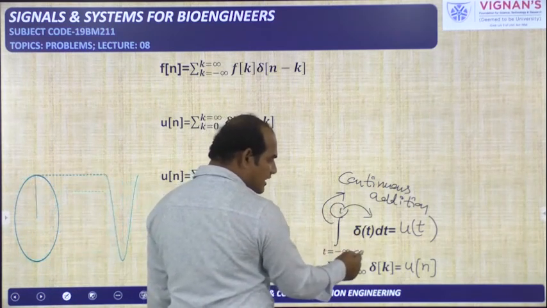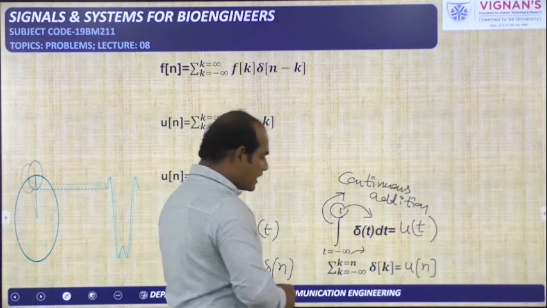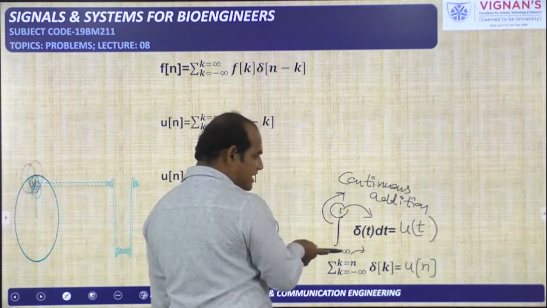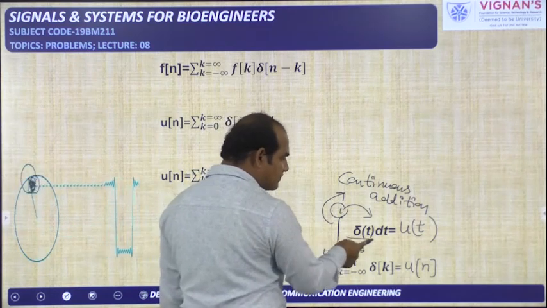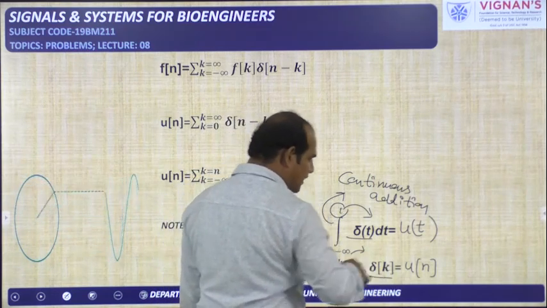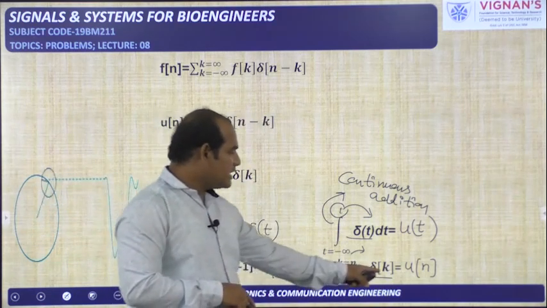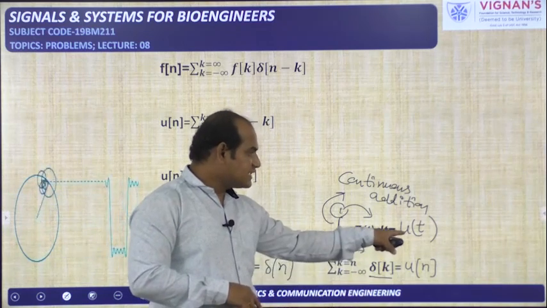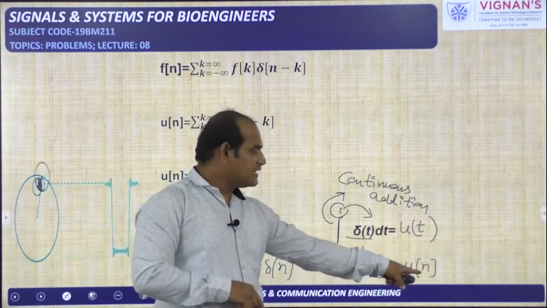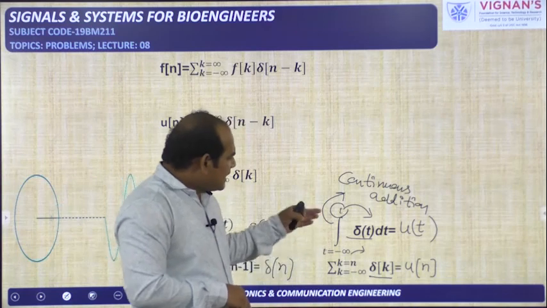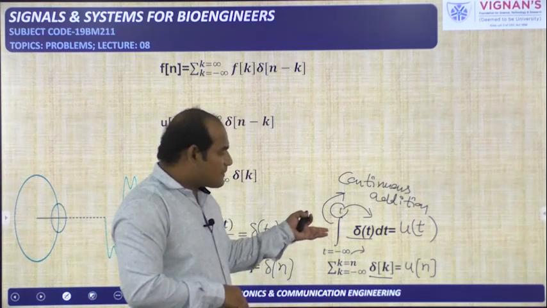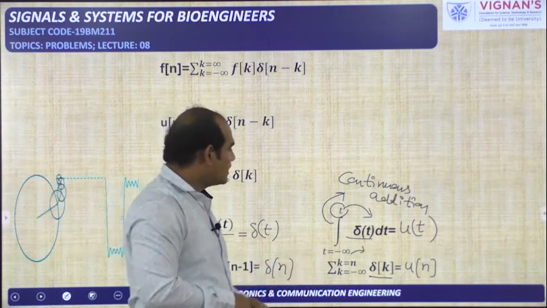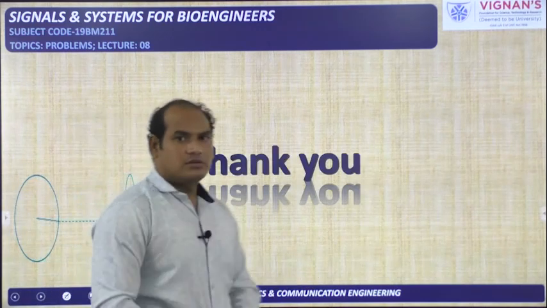It is discrete domain, that's why n. Here del of t, here del of k, that's it. Because it is discrete domain, we are representing with del of k within the square bracket. So here resultant is u of t, here resultant is u of n. So in case of continuous domain we will represent with integration, in case of the discrete domain we will represent with sigma, that's it. Okay, thank you.